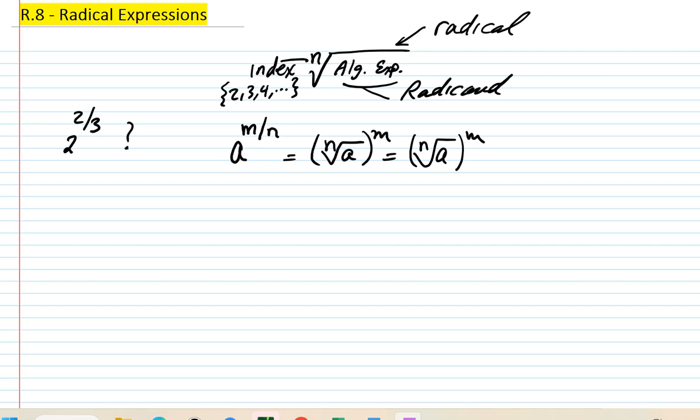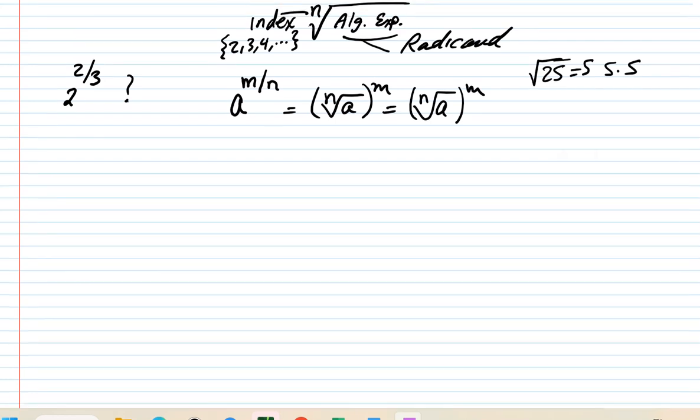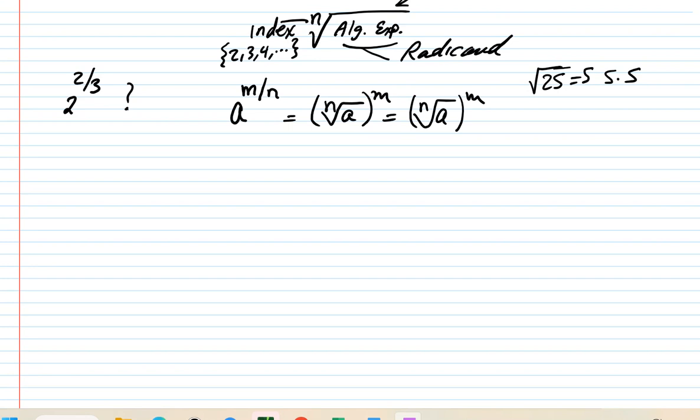Now, I assume everyone is familiar with basic work with radicals. So, for example, when we say square root of 25, we're talking about a number times itself that results in 25. So the answer is 5. Every radical expression has an index. If the index is 2, and remember, the index has to be 2, 3, 4, and so on, we call that a square root, and we don't typically write the index.